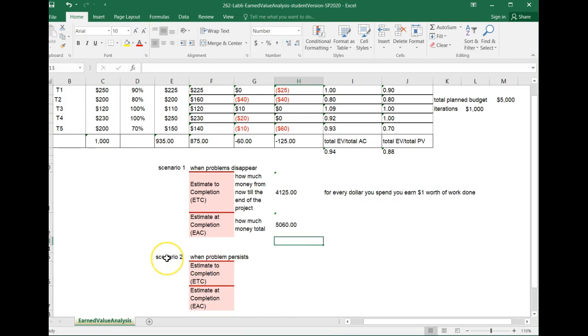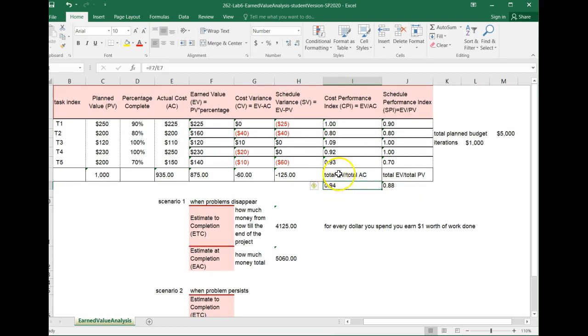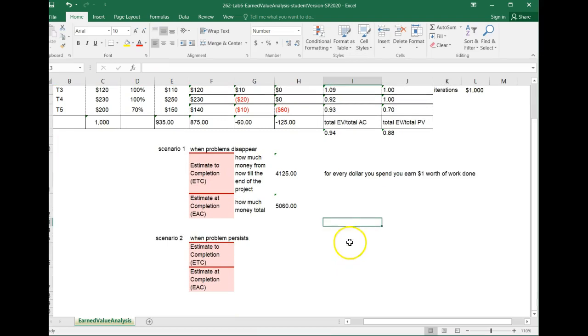Scenario 2 is the one saying that the problems will persist. Whatever the problems were, they will still stay with you. That means for every dollar you spend, you're going to get 94 cents of work done.